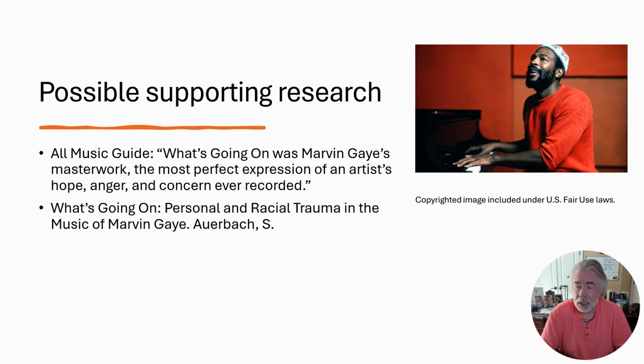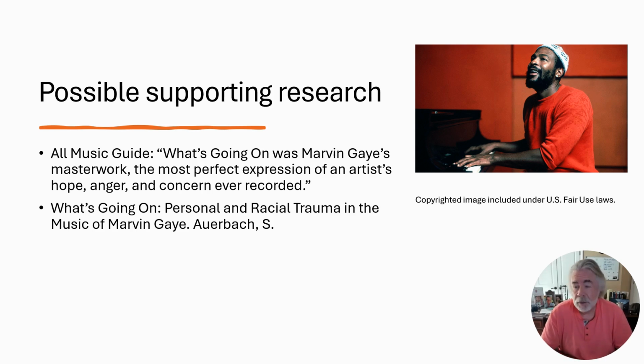And here are a couple of very simple examples that I found in about 2 minutes on my new holiday. For example, the AllMusic Guide, which is a guide to all kinds of music that you can get online, talks about What's Going On, and it says it was Marvin Gaye's masterwork, the most perfect expression of an artist's hope, anger, and concern ever recorded. Now that is a big statement. And when I say something like that to my audience, it's going to be really meaningful. You're going to go, oh.